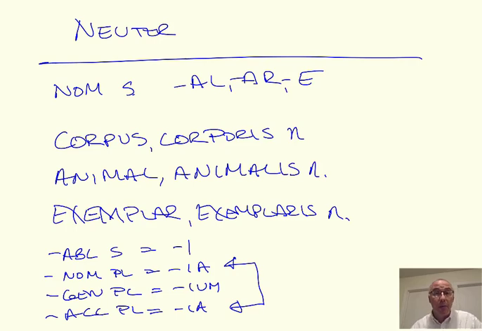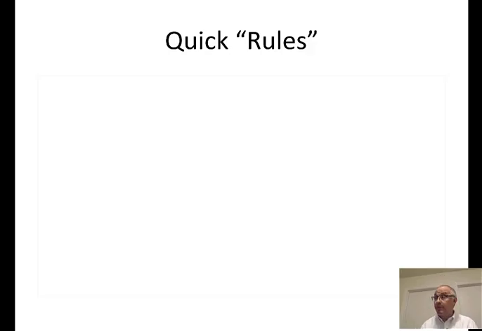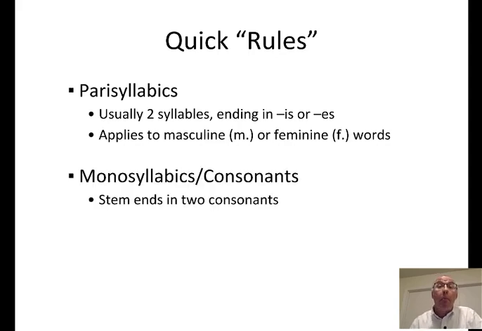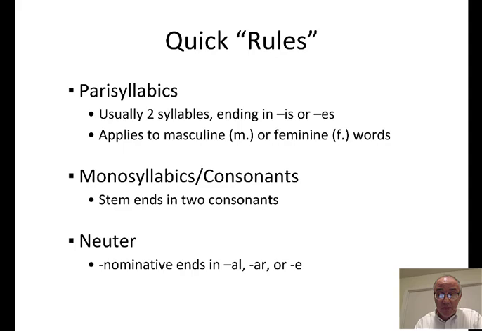Let's look at these in a different way. So, some quick rules here. Parasyllabic: two syllables ending in ES or IS applies to masculine or feminine. Talked about that. Monosyllabics, but the double consonant rule: the stem ends in two consonants.